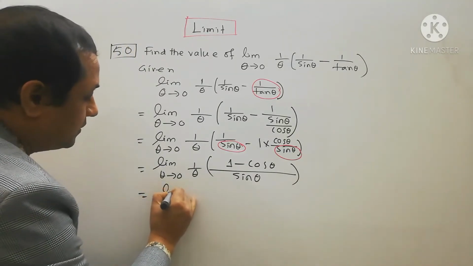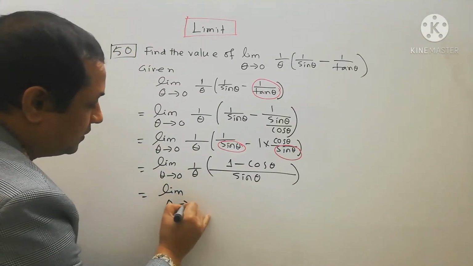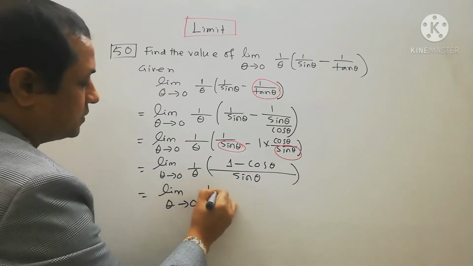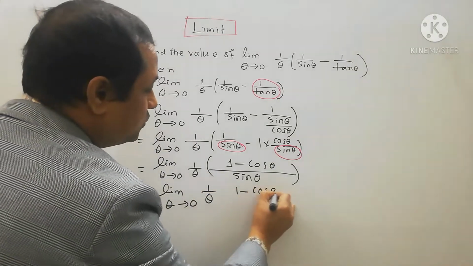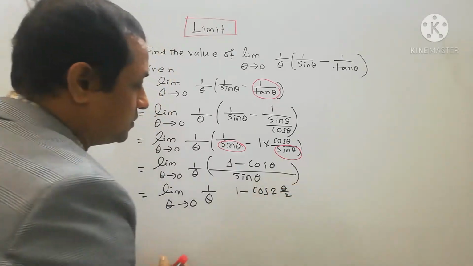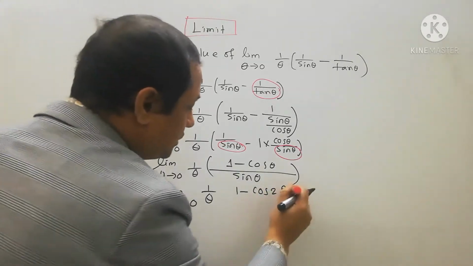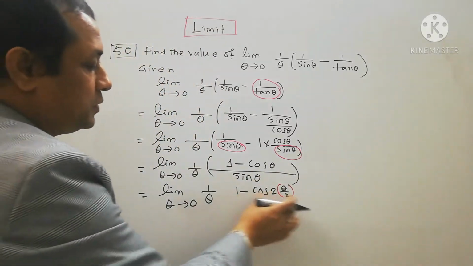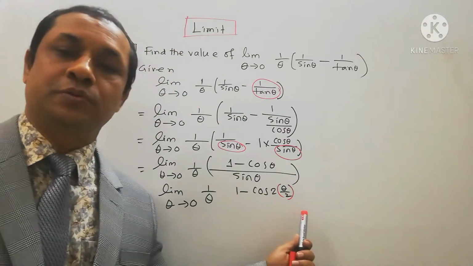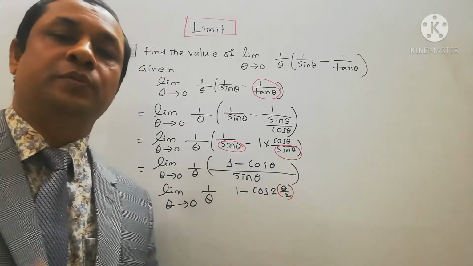Now from the formula, theta tends to 0, 1 by theta, 1 minus cos 2 into theta by 2. Student, here 2 into theta by 2, because we know that 1 minus cos 2 theta, this is a formula.